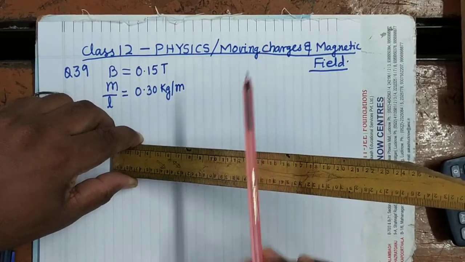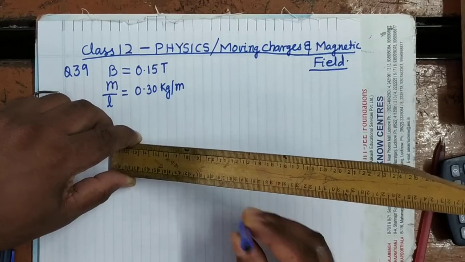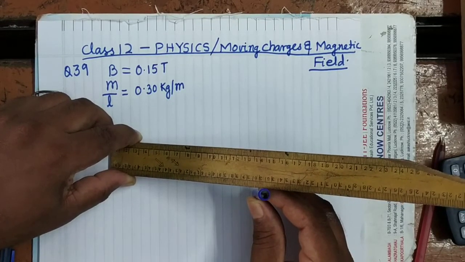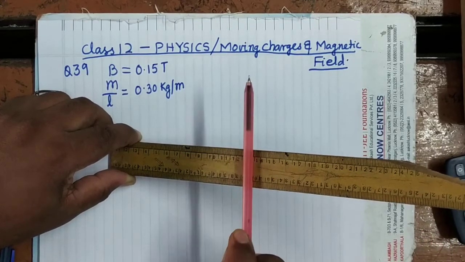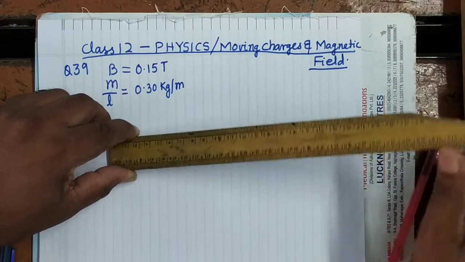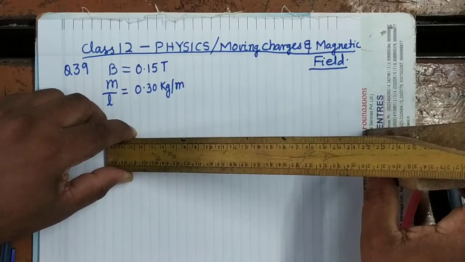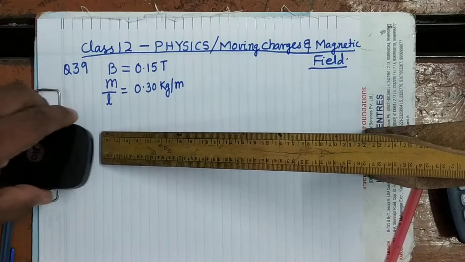What is the direction of magnetic field here? It is given vertical, means the magnetic field is vertically upward while the conductor is lying along this. What will be the angle between direction of current and direction of magnetic field? If I show you, it will be something like this.